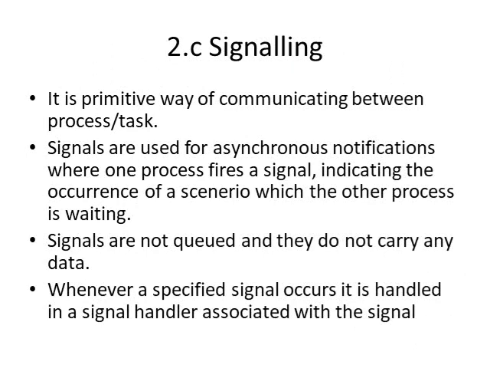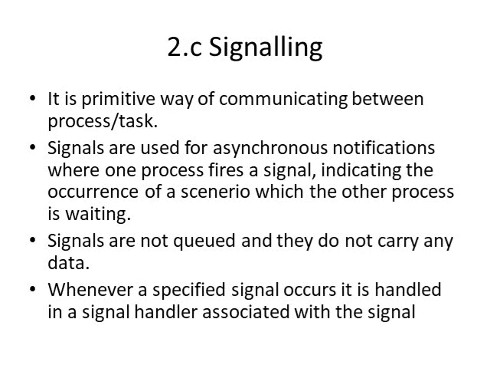The third mechanism is signaling. It is a primitive way of communication between processes or tasks. Signals are considered to be a synchronous notification. When one of the processes fires a signal, this indicates the occurrence of some scenario which the other process was awaiting.